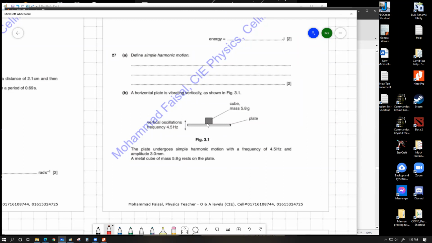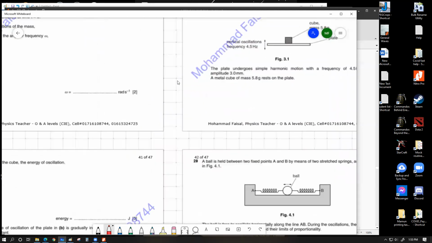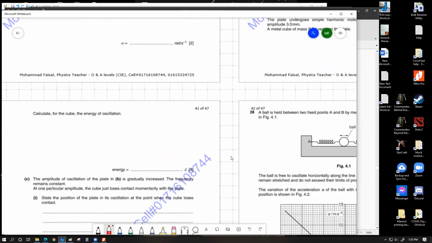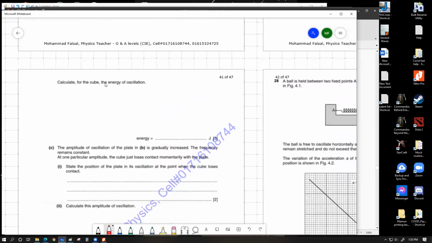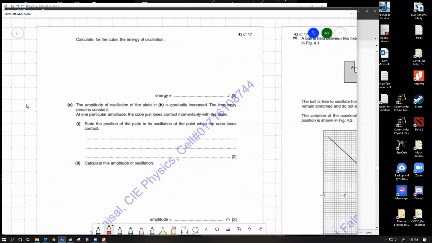Rests on the plate means it is in contact with the plate. The plate is undergoing vibration, so the metal cube is also undergoing simple harmonic vibration along with the plate. Now, the question is: calculate for the cube the energy of the oscillation. That is just half m omega square a square. You just calculate that out.